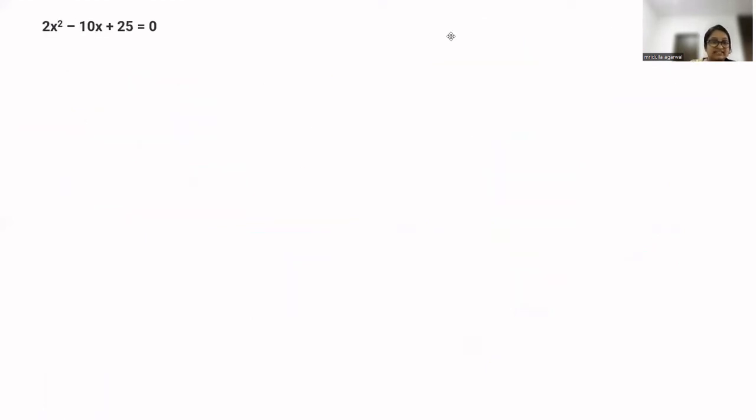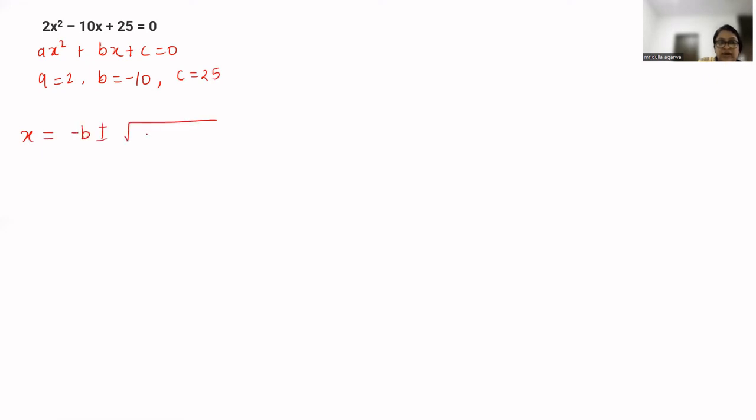What does this condition say? Okay, again we'll compare it with ax square plus bx plus c is equal to 0. Comparing on this, a is equal to 2, b is equal to, sign is important, minus 10, c is equal to 25. So the quadratic formula is minus b plus minus square root of b square minus 4ac upon 2a.